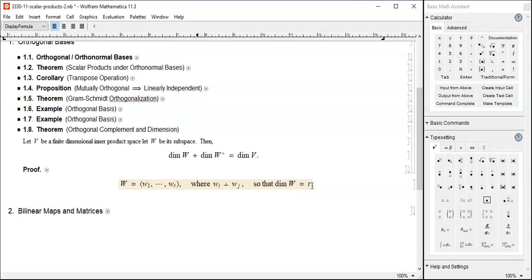And then now we can use Gram-Schmidt orthogonalization. Then you can find out WR plus 1 all the way up to WN.